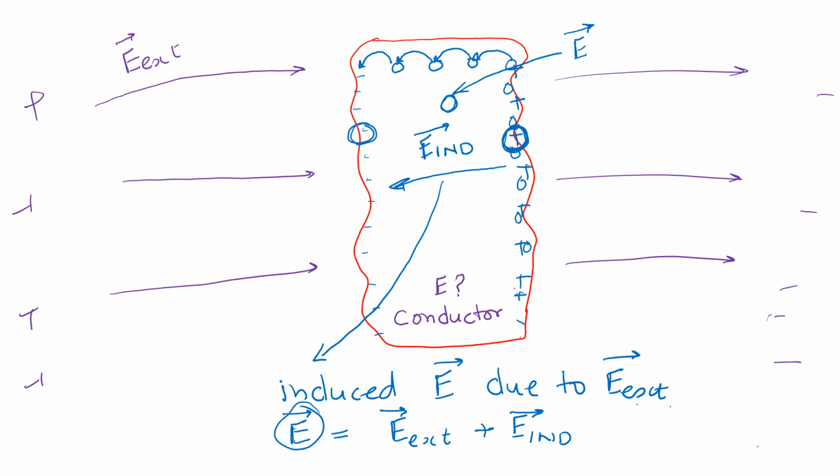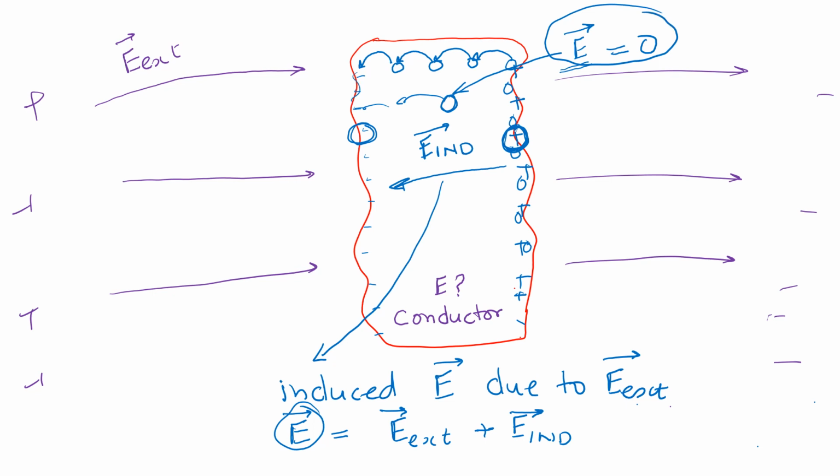How long will this process continue? Well, till this value E exists, the electron is feeling a force and the electron will move. When will this process stop? When E everywhere inside the conductor goes to 0.